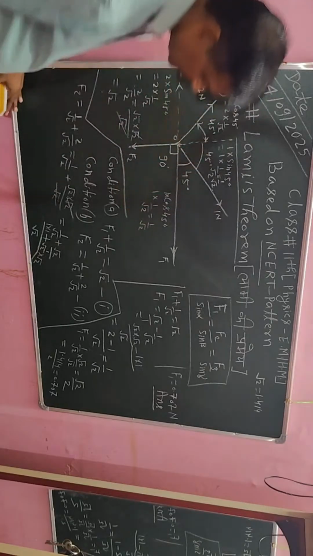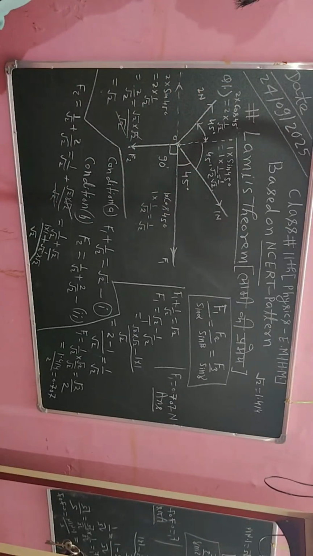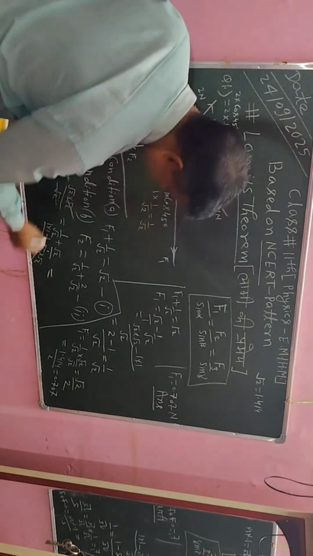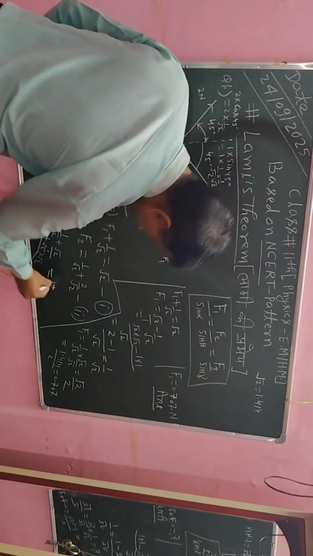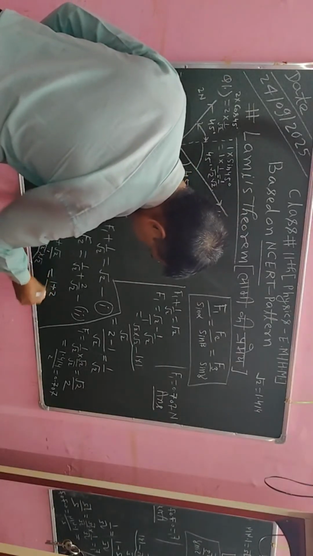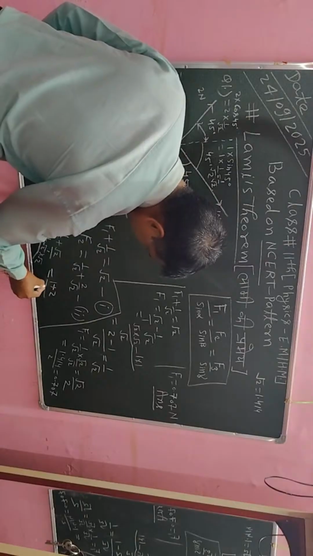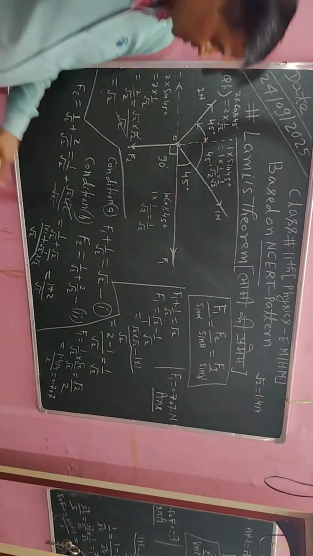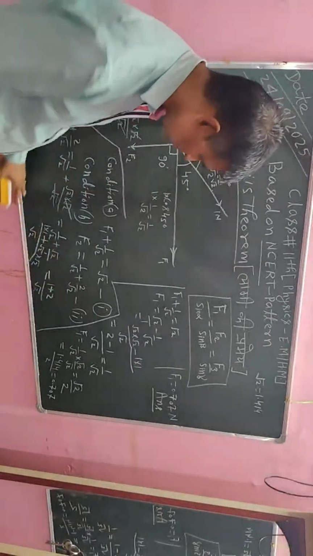So after writing, I will simplify. After simplifying I will get a value like this. So 1 into 1 will be 1, and root 2 into root 2 will be 2, and in the denominator I have to write it. Okay, so after resolving, 2 plus 1 will be 3.